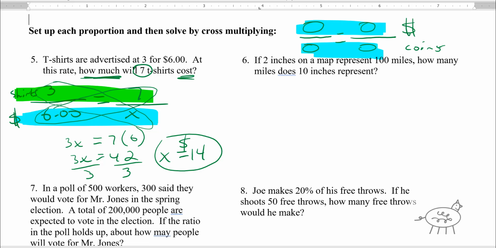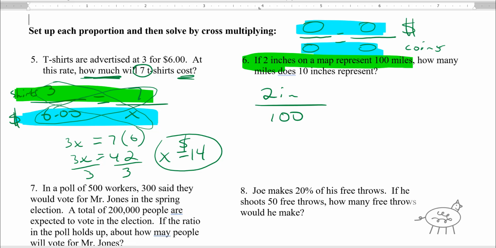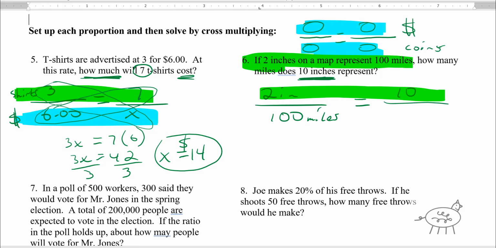So number 6, if 2 inches on a map represent 100 miles. This is my first proportion here, guys. So 2 inches is 100 miles. Equals. Again, we need to set up another ratio here. Well, I'm giving you 10 inches. So the 10 inches goes on top because, again, the units have to be the same.